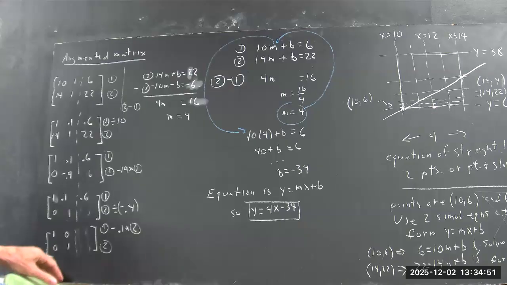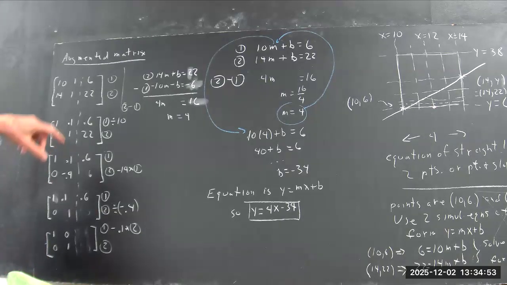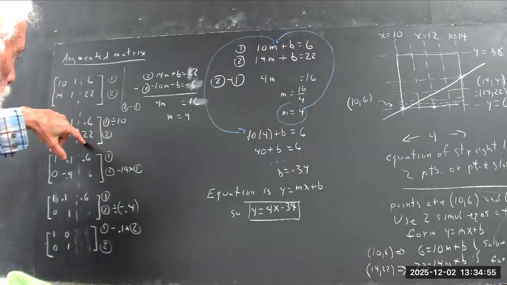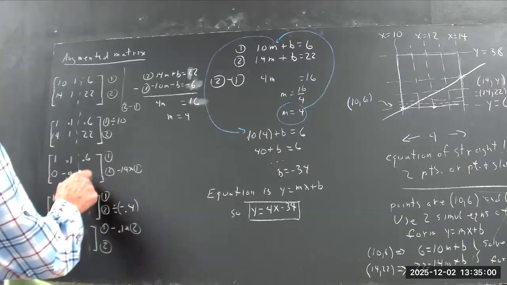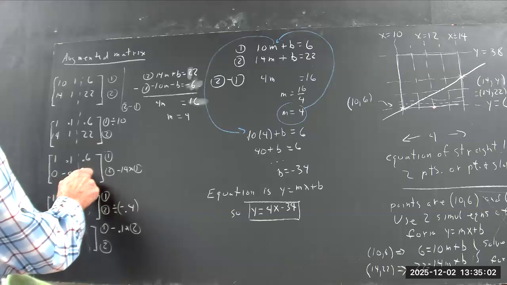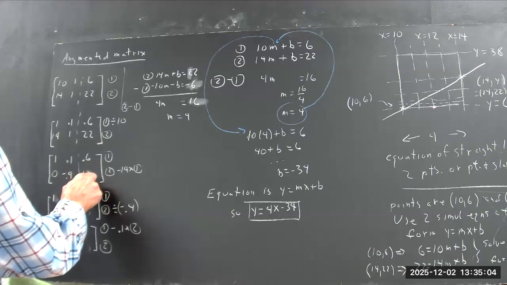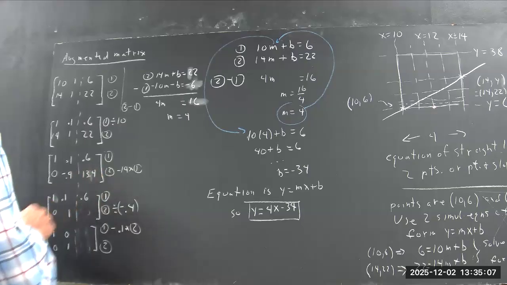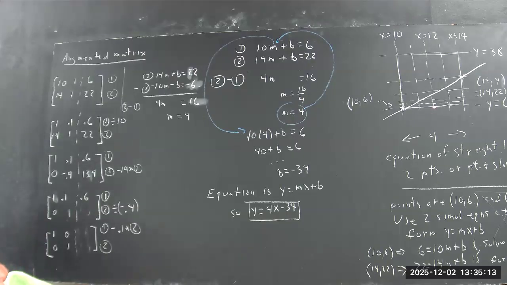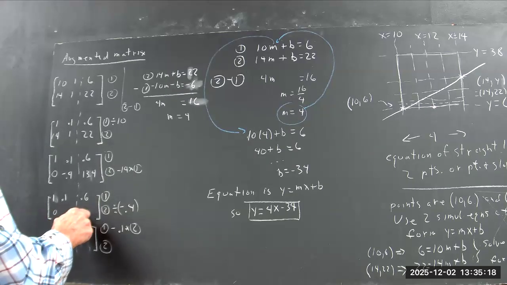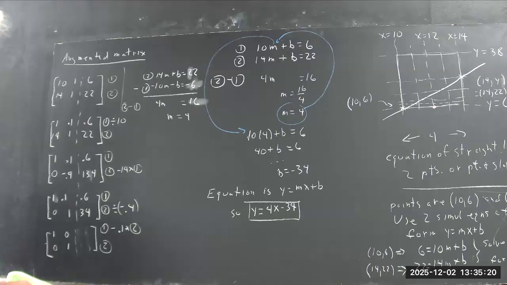Apologize for that. Okay. Subtracting 8.4 from 22 gives me 13.4. Then I'm going to get 34 here.